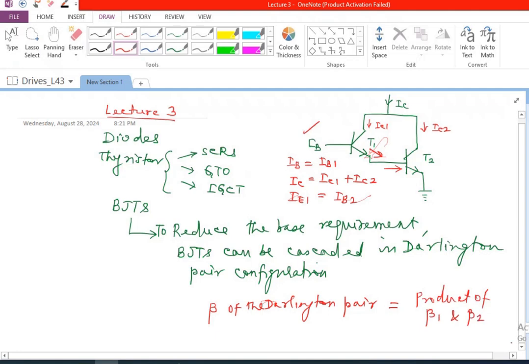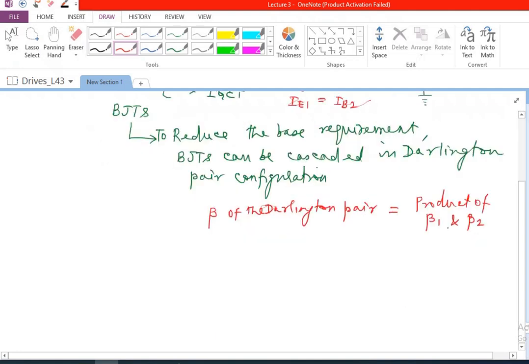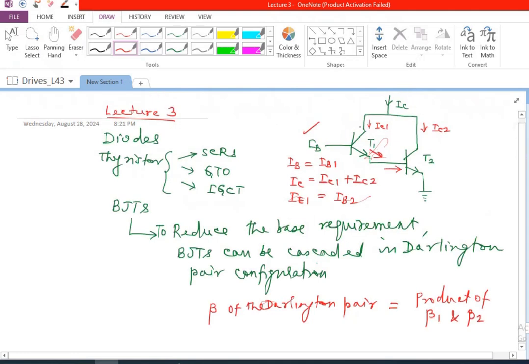That is, beta 1 for the first transistor, current amplification, is IC1 divided by IB1. Similarly, IC2 divided by IB2, which happens to be the emitter current of the first transistor, that is beta 2.